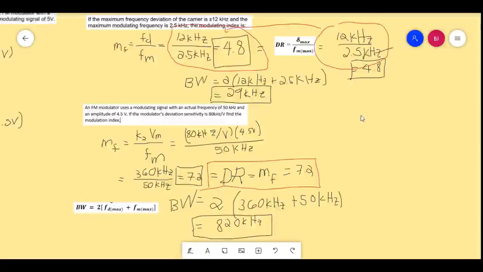Those sidebands have varying amplitudes, but it is usually much larger compared to the carrier signal, which gives it a much higher efficiency in transmission. So let's take a look at how we are able to determine the frequency domain of our FM and PM signal using what we call the Bessel function table.